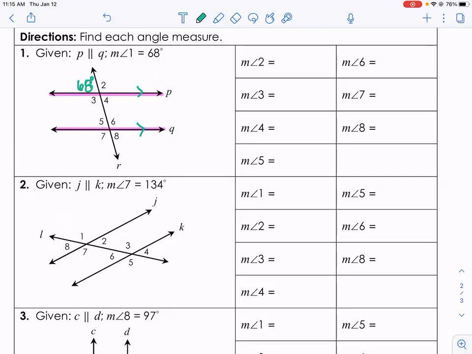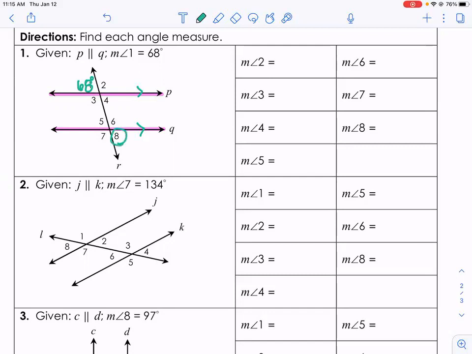All right, so I notice that angle 1 is an exterior angle. Okay, so Trent, can you tell me the angle that is alternate exterior to that angle 1 that we have? Angle 8.